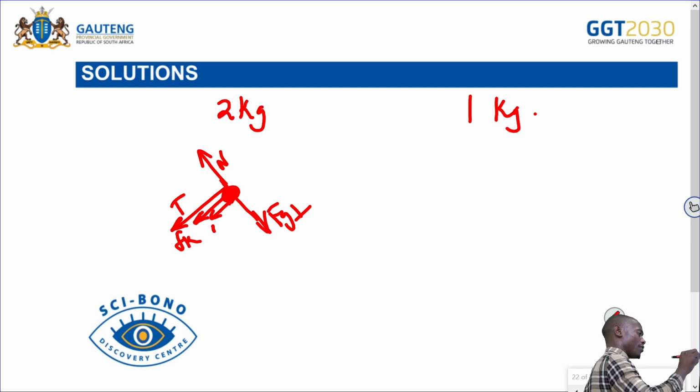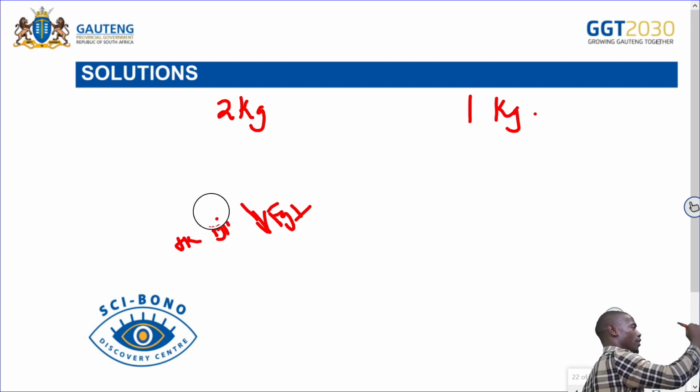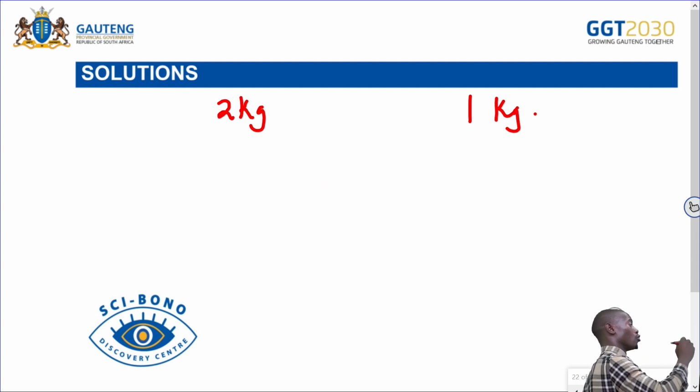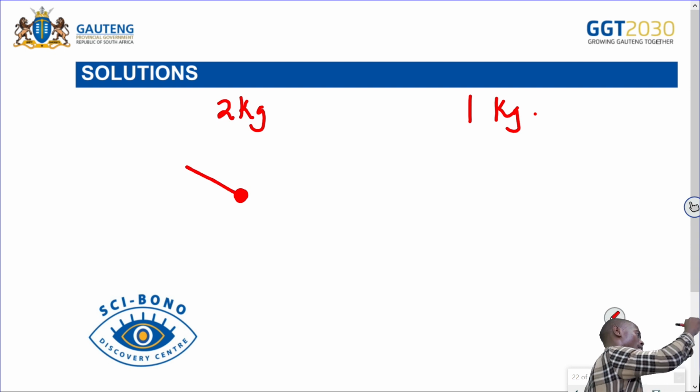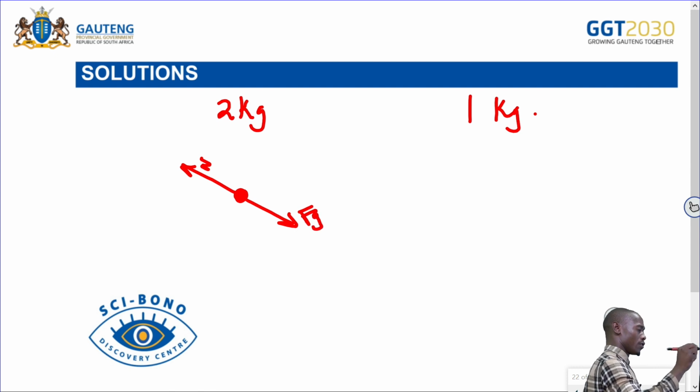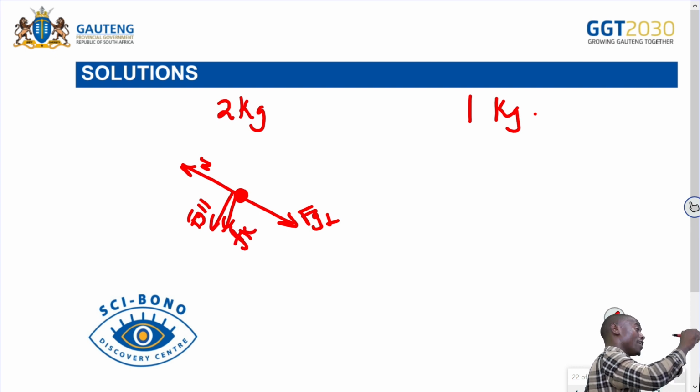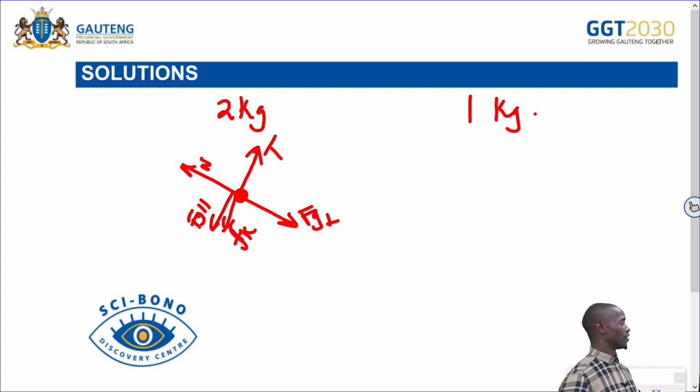Sorry about that, the tension should act up the slope for the 2 kilogram block. So it's normal force, Fg perpendicular, Fg parallel and kinetic friction, and then the tension is acting up the slope.